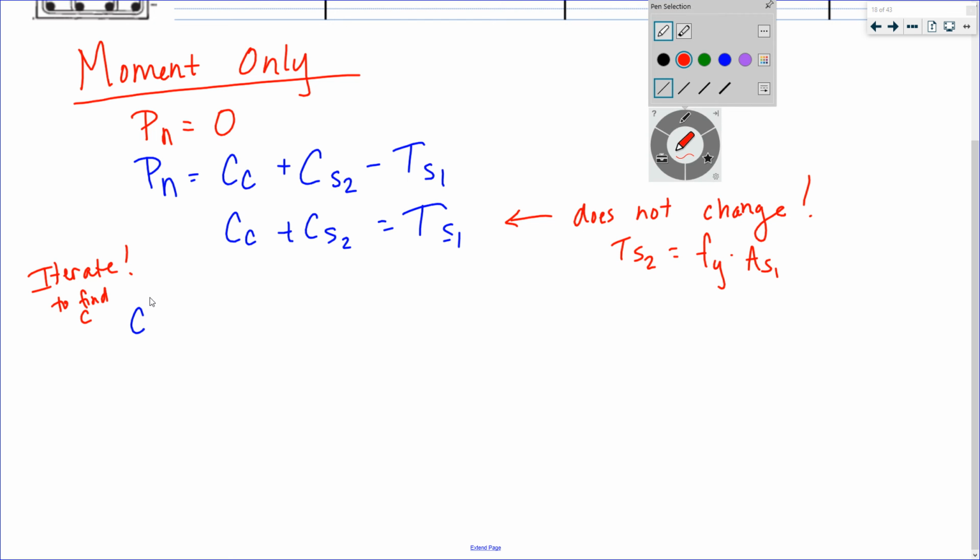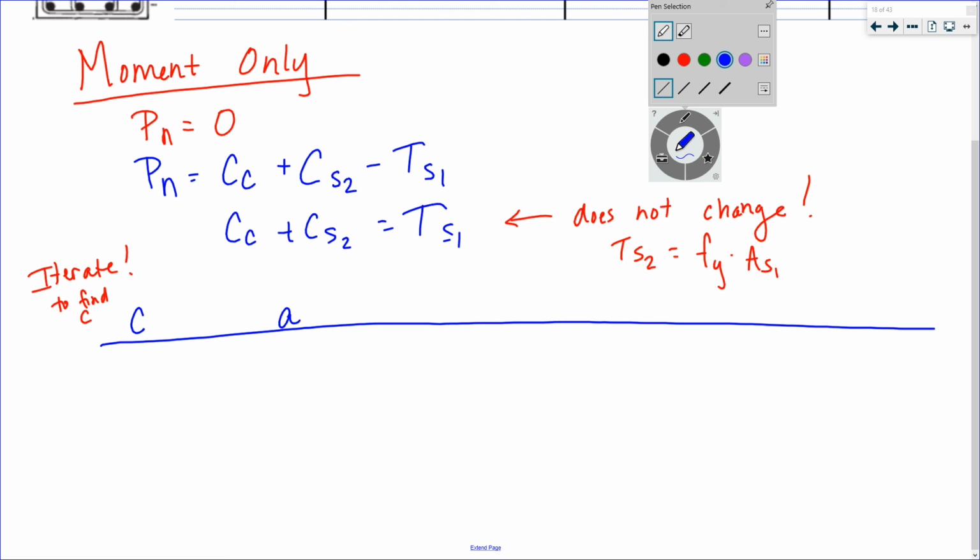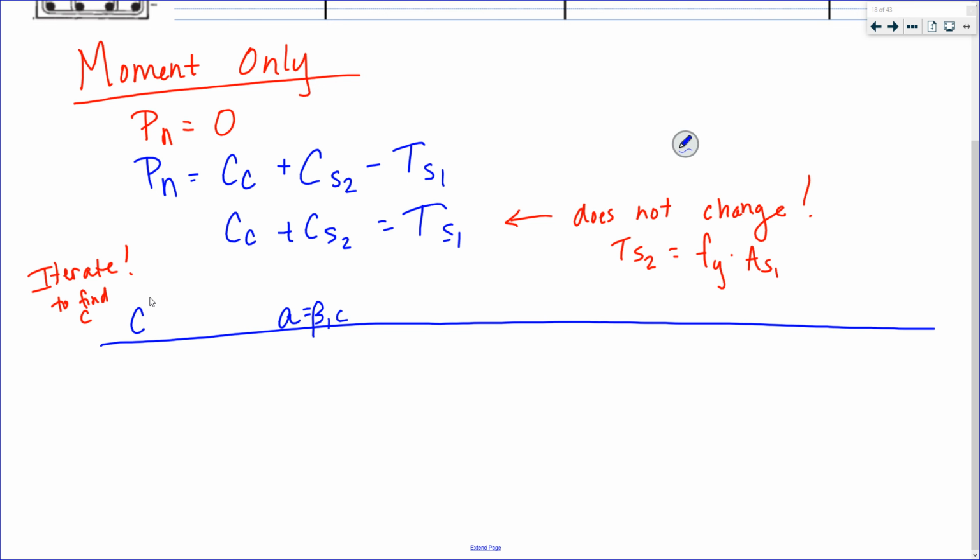So I'm going to have a C, a corresponding A, right? Beta 1 C, C prime, a strain associated in my compression steel. Let's see, had that a minute ago.